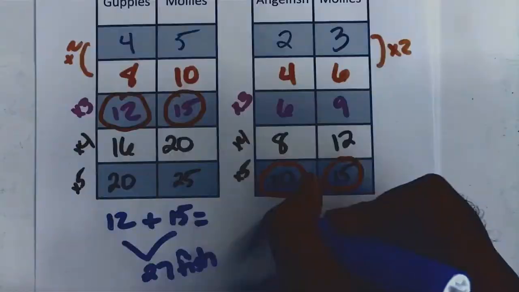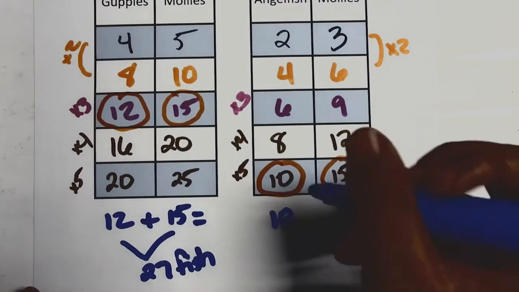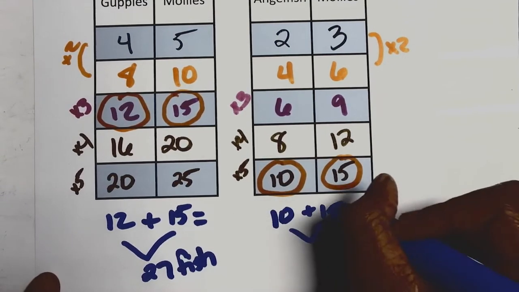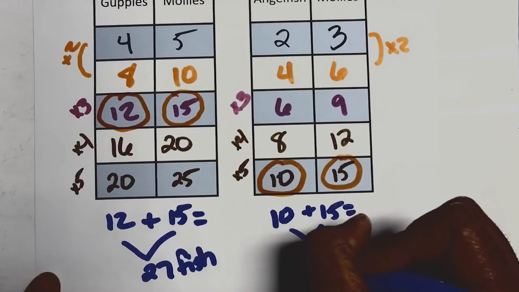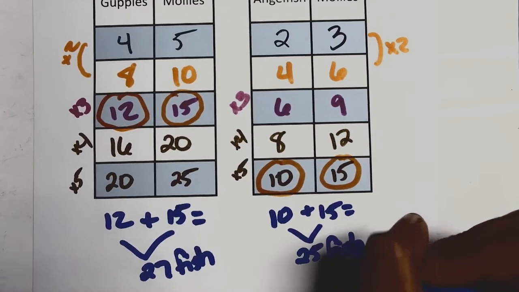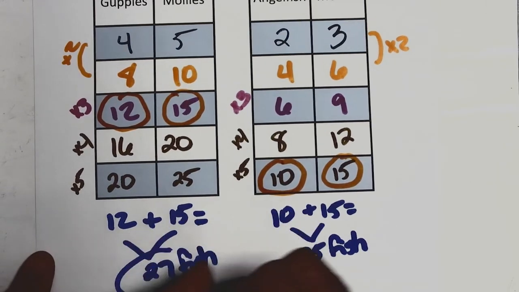I know 10 plus 15 is going to give me a total of 25 fish. So now looking at it, I can see since 27 is greater than 25, tank 1 has more fish.